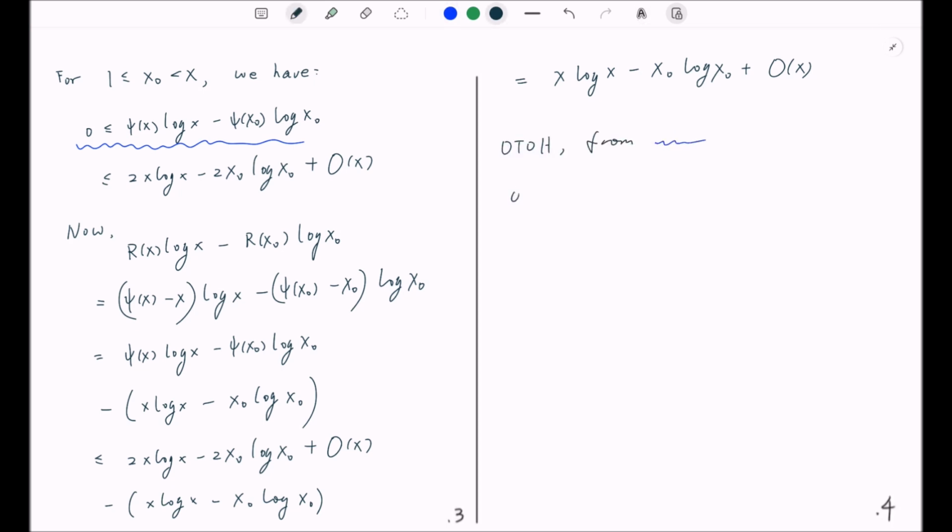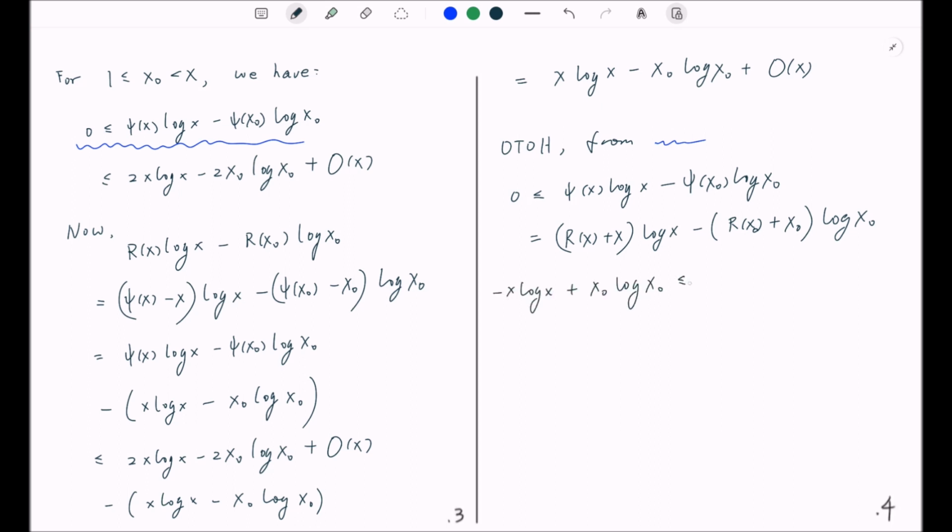From here, and if we replace psi of x by r of x plus x, and similarly for psi of x naught, we'll get, and if we move the terms here that don't involve r to the left hand side, what do we get? We will get a lower bound for this difference.